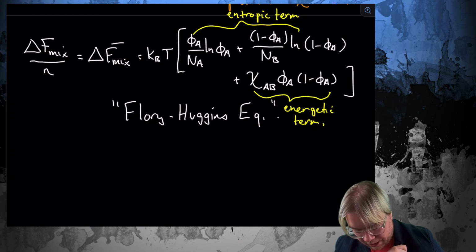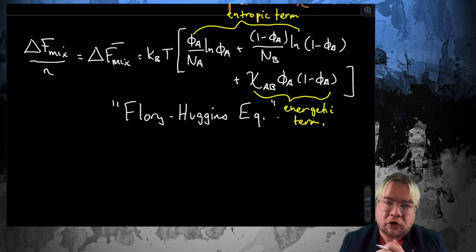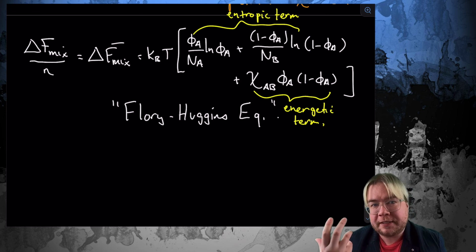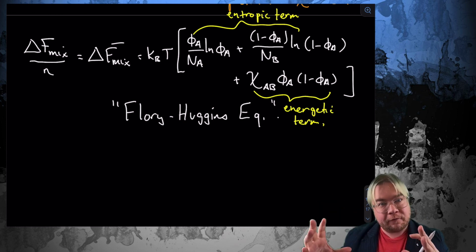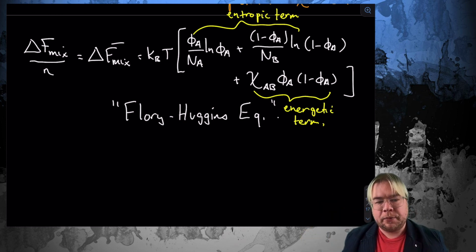And if you think about it, last time we saw that the entropic term is always less than or equal to 0 because of the form that it has, which means that the entropy always increases, right? Because the entropy will be the minus of that. So the entropic term by itself will always be positive, but the entropic contribution to the free energy will always be 0 or less than 0.